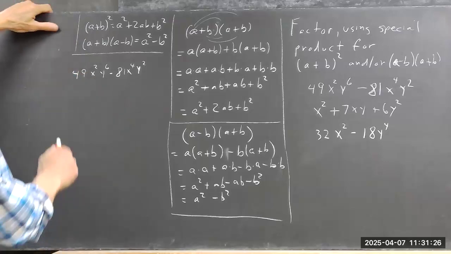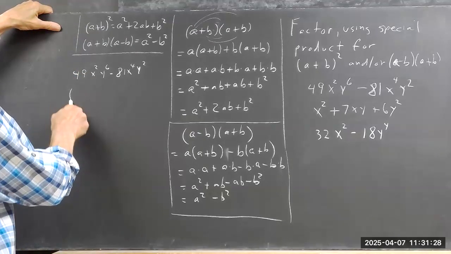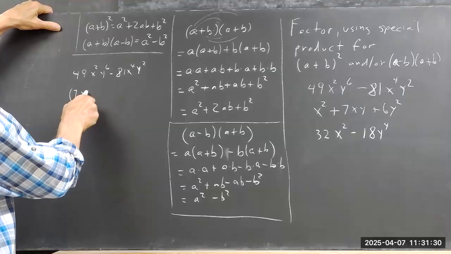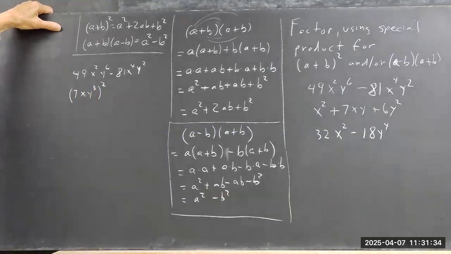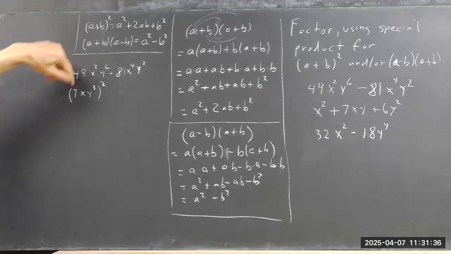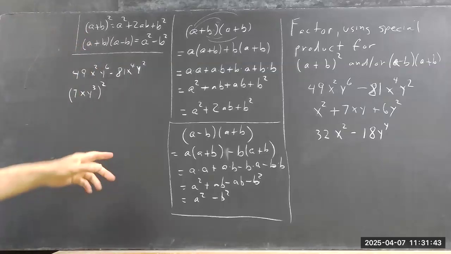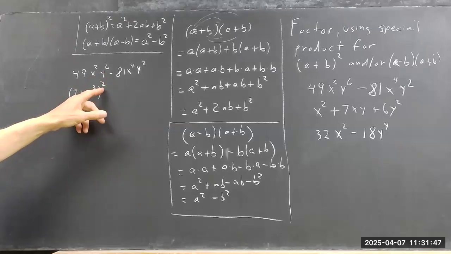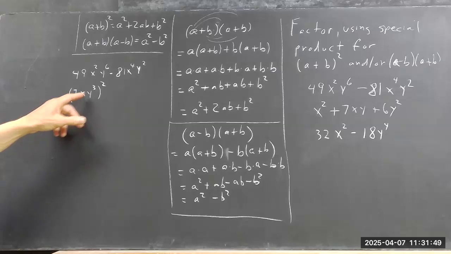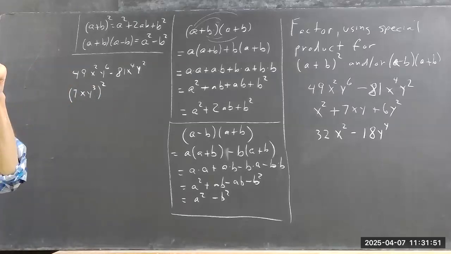One way is to show that this is 7xy cubed squared. Okay. Square root of 49 is 7. Square root of x squared is x, square root of y to the 6 is y to the third. And you can double check that. Y to the third squared gives you y to the 6th. X squared gives you x squared. 7 squared gives you 49.